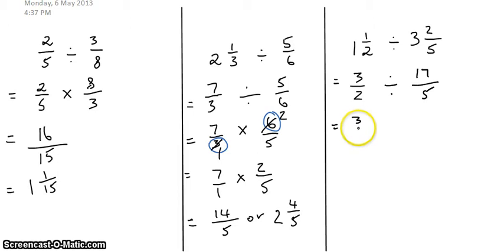3 over 2. We can change that to 5 over 17.